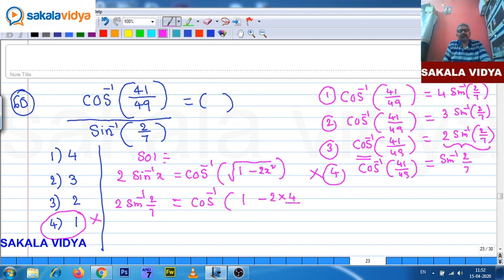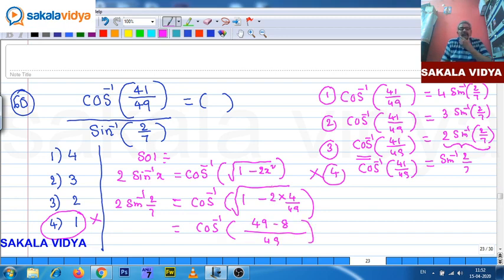X square is 4 by 49. So, 2 sin inverse of 2 by 7 equals cos inverse of 1 minus 2 into 4 by 49. 49 is the LCM, that will be 49 minus 8 over 49.